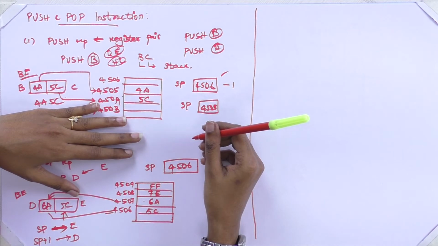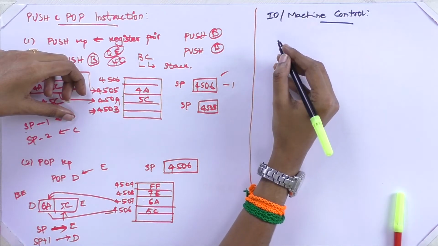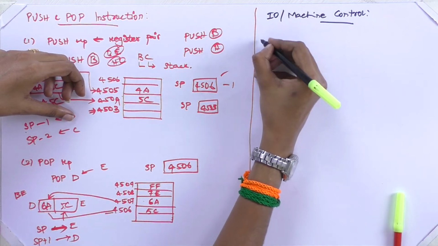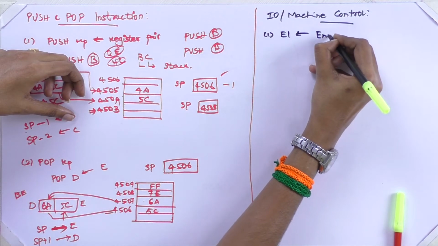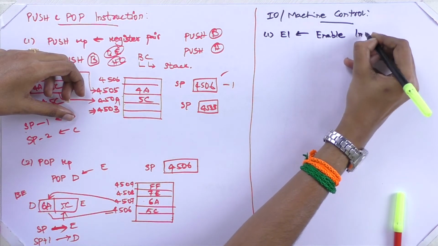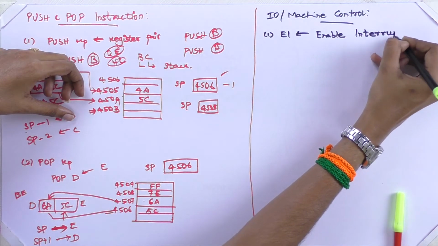Next we are going to see about input, output and machine control instructions. First we will see the machine control instructions. The first machine control instruction is EI, which is enable interrupt.